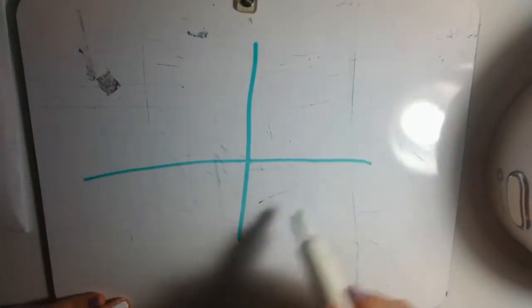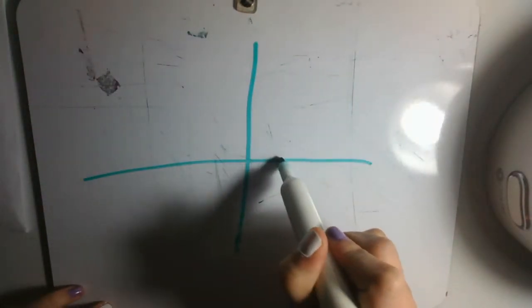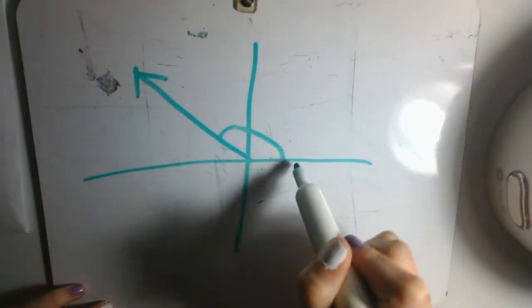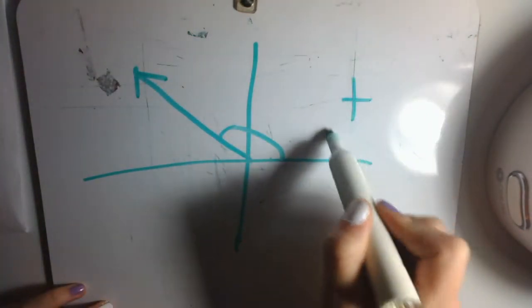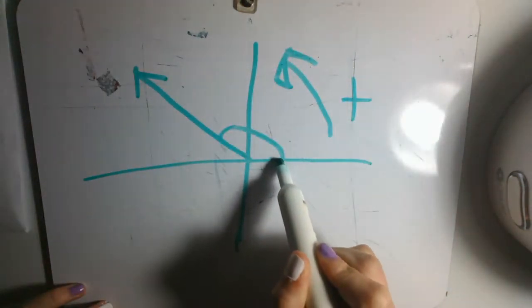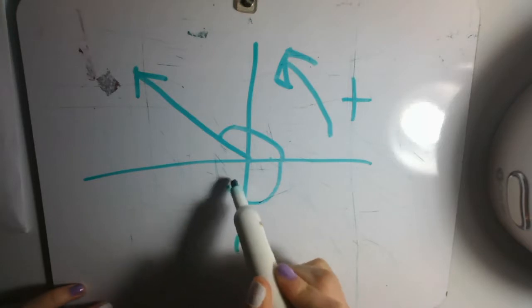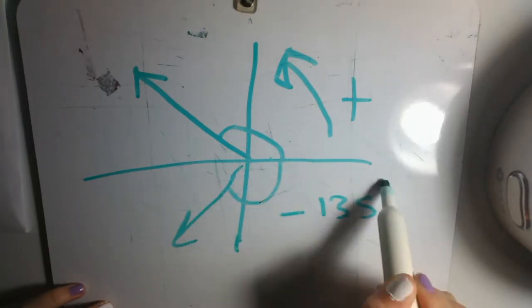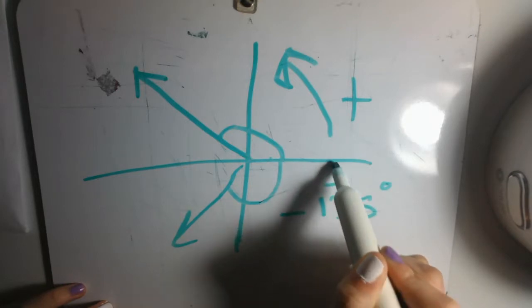We should also think about the way angles move. So this angle would be 135 degrees, and that's because it's going in the positive direction, so this direction is always positive. And then we can also go in the negative direction, so then this angle would be negative 135 degrees, and that's the negative direction.